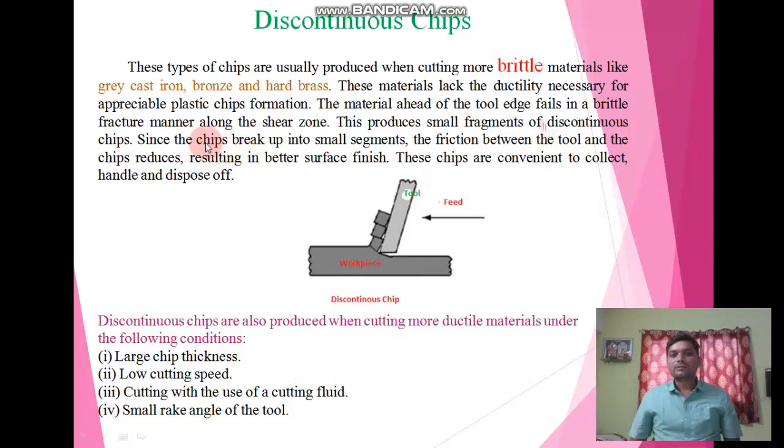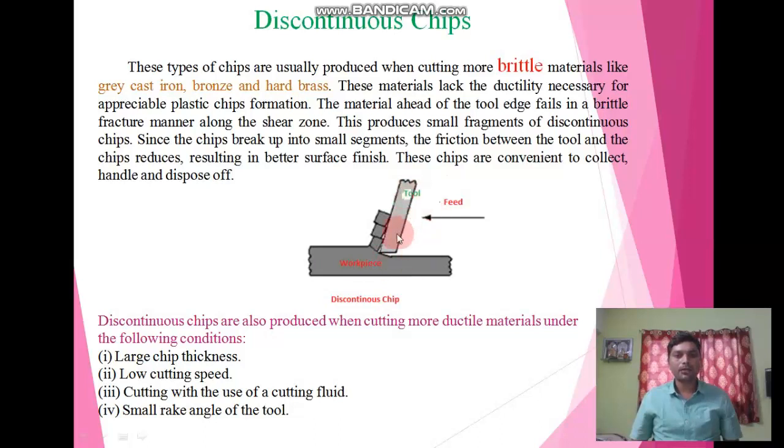These chips break up into small fragments, so less friction is created between the tool and the chip. As a result we get a better surface finish of the workpiece, and these chips are convenient to collect, handle and dispose of.